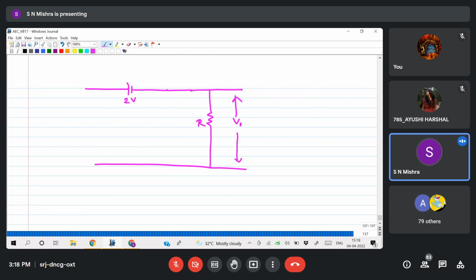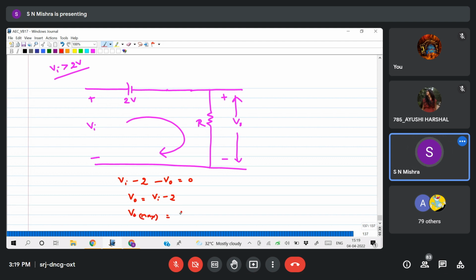Here Vi is greater than 2 volt, 2 volt to 10 volt, the positive half cycle. Apply KVL: Vi minus 2 minus V0 equals 0, so V0 equals Vi minus 2. So V0 max equals 10 minus 2, that is 8 volt.